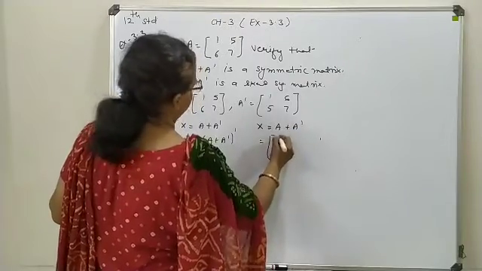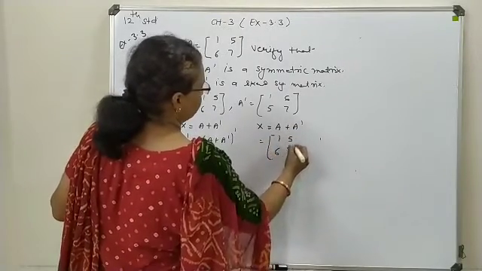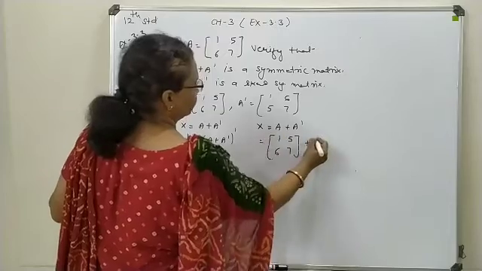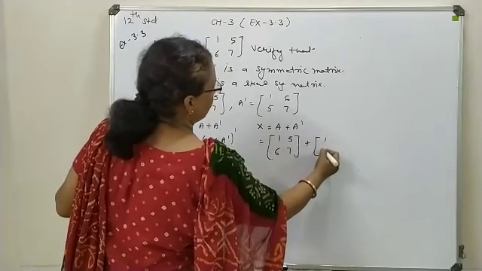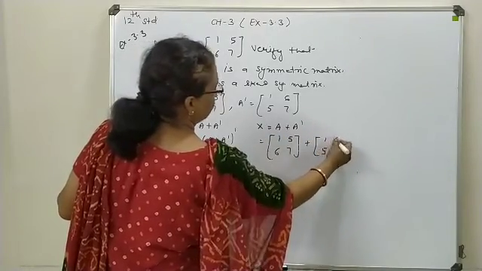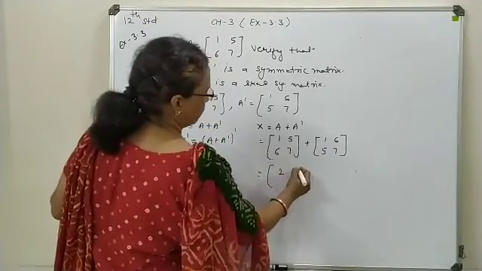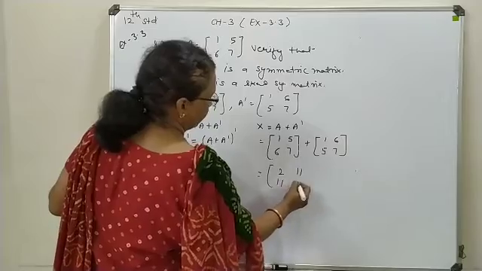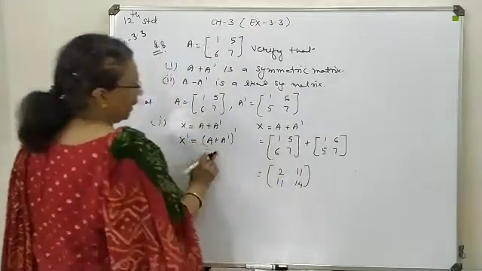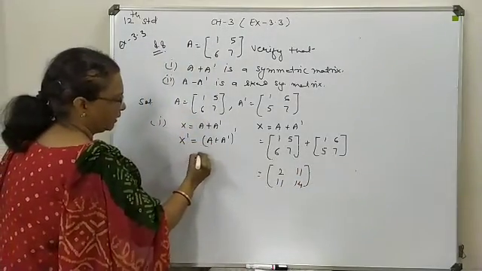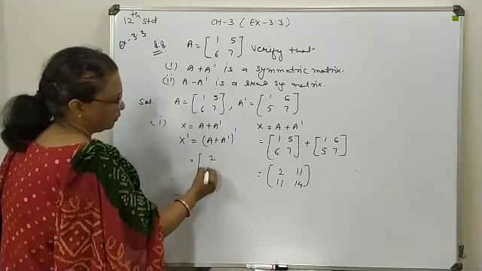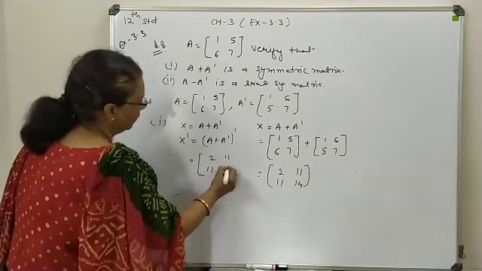So it is your 1, 6, 5, 7 plus 1, 5, 6 and 7. Make them add, that is 2, 11, 11 and 14. Write its transpose form, that will be your 2, 11, 11 and 14.